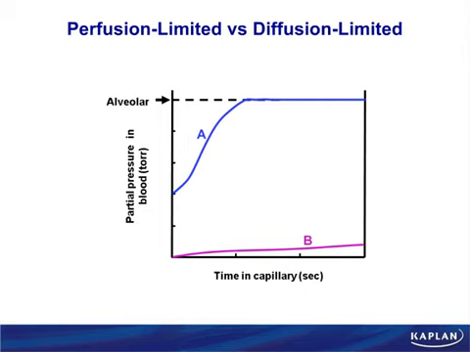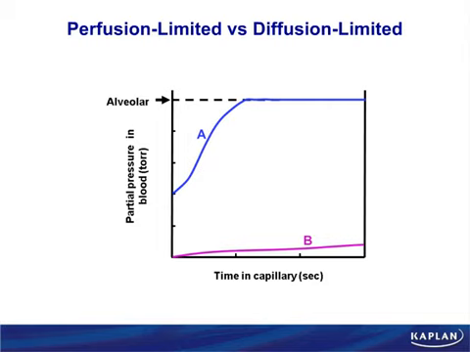Now, both of these are gases, A and B. And what's at the top, the dashed line, represents the alveolar partial pressure of that gas. All right, notice the blue line, A. In the time available in the capillary for diffusion, notice that the blood partial pressure of gas A equilibrates with the alveolus.